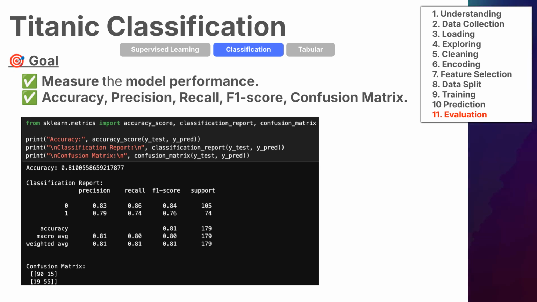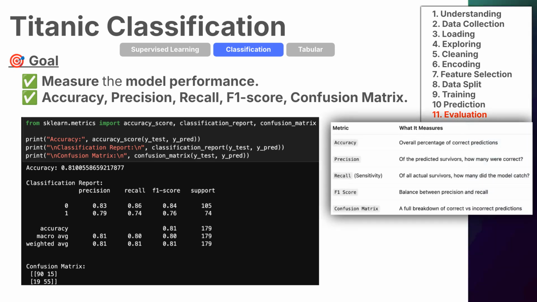It accounts for class imbalance by giving more importance to the larger class. It's more reflective of overall performance when the classes are imbalanced. The confusion matrix shows the number of correct and incorrect predictions made by the model, broken down by actual class and predicted class. Here is the quick summary of those metrics.